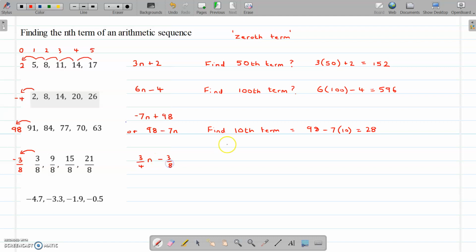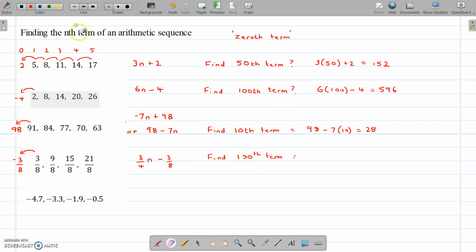If you wanted to find, say, the 100th term of this one, let's just have a look what that would be.